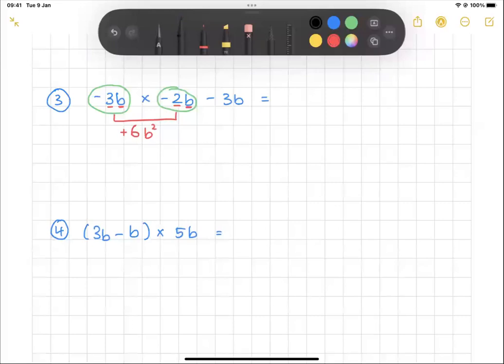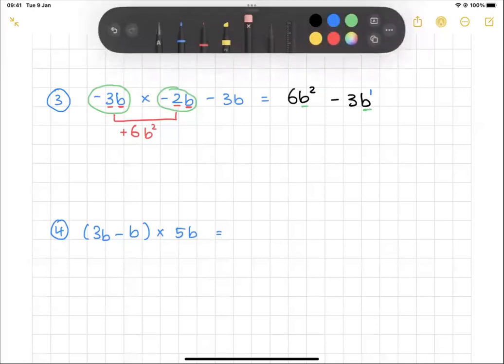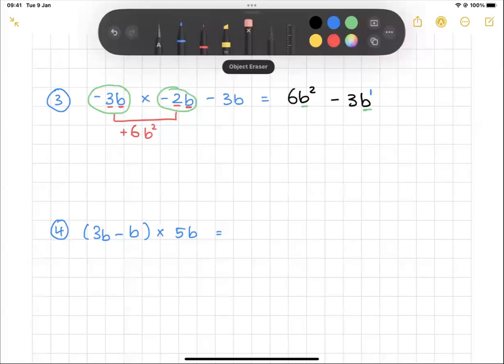Now let's write it down. 6b squared minus 3b. Are they like terms? Well, they have the same letter, but they don't have the same power. One is a 2, and the other is an invisible 1. So I'll leave it like that.